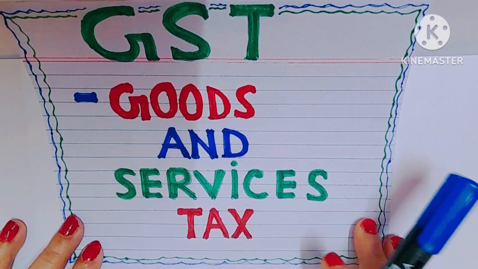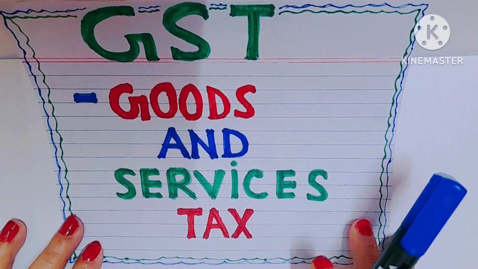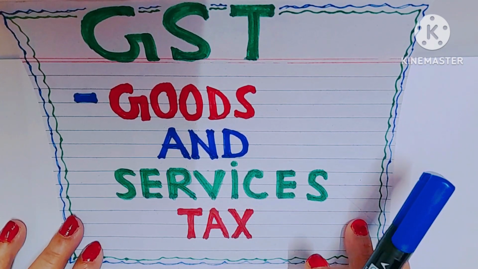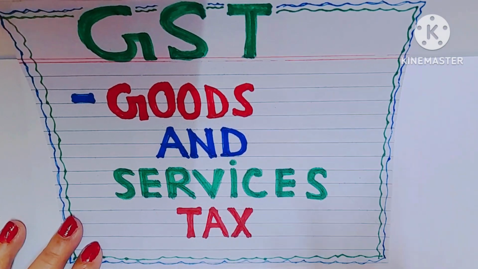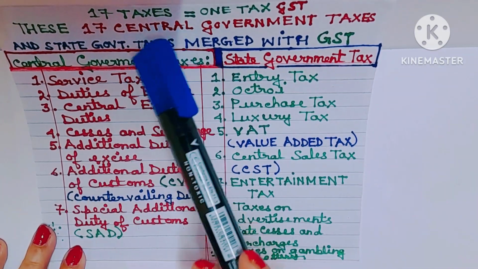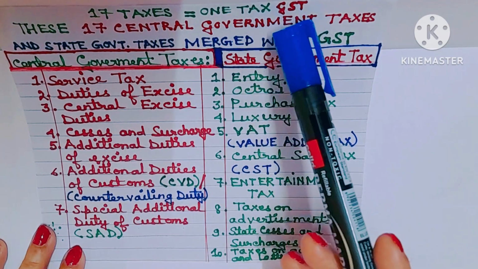Understood? Now let me show you what are the 17 indirect taxes that have been merged or replaced by a single tax called GST. See, 17 indirect taxes is equal to 1 indirect tax, that is GST.